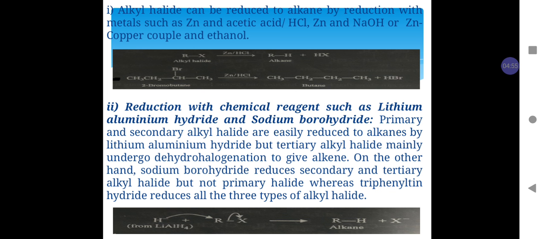Alkyl halide reduces to alkane with lithium aluminum hydride, sodium borohydride, and triphenyltin hydride. In their reduction, they provide hydride ion, which will replace halide ion from alkyl halide as shown in figure to form alkane.